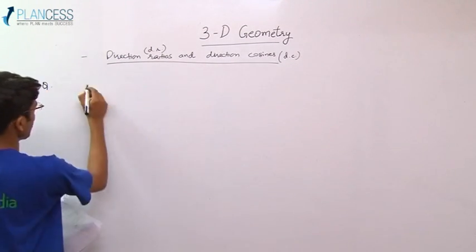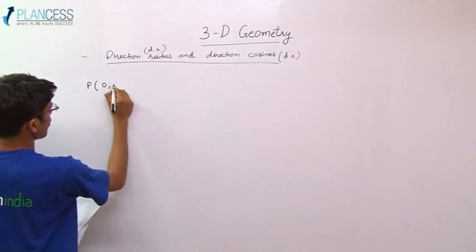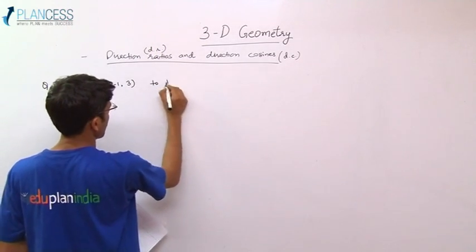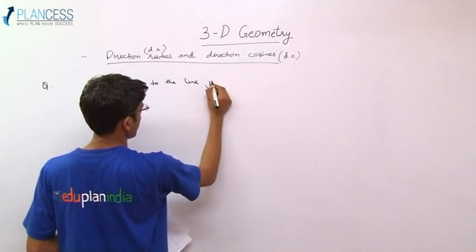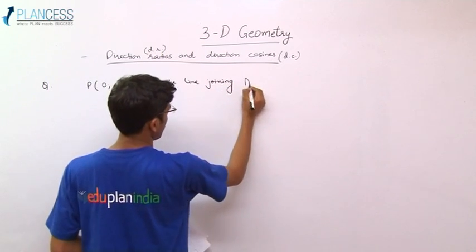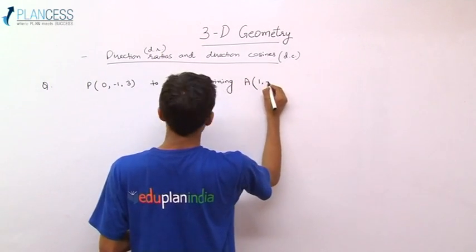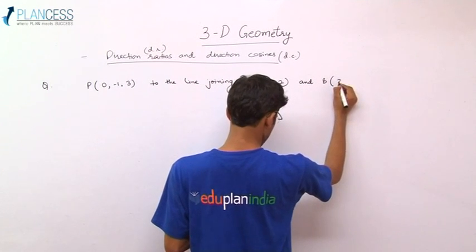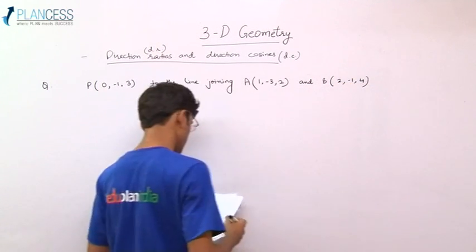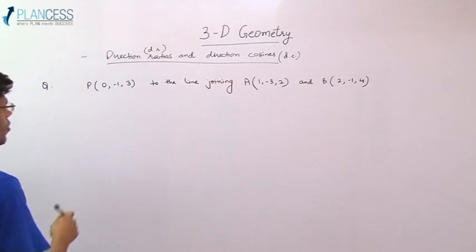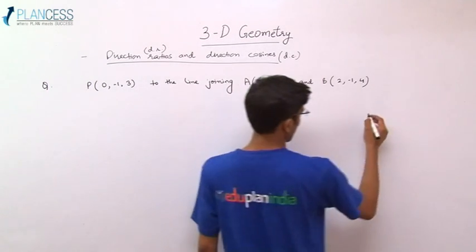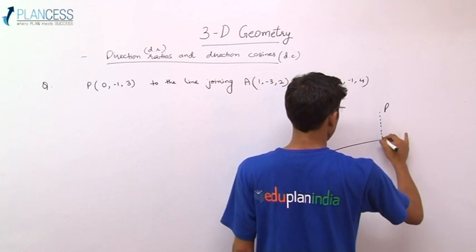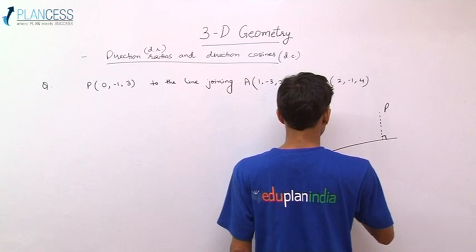We have a point P (0, -1, 3), and I have to find the perpendicular distance from P to the line joining point A, which is given as (1, -3, 2), and B, which is given as (2, -1, 4). So this is point P, this is the line joining A and B. Suppose I have to find this distance. So this is point A.